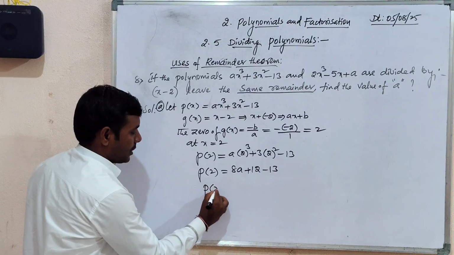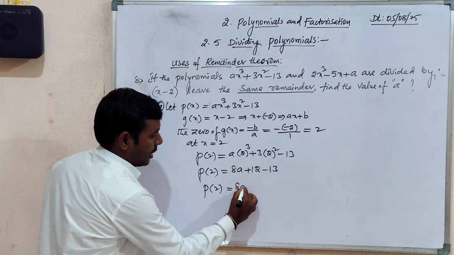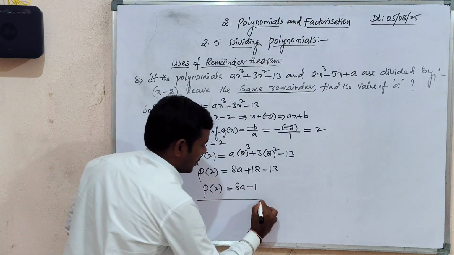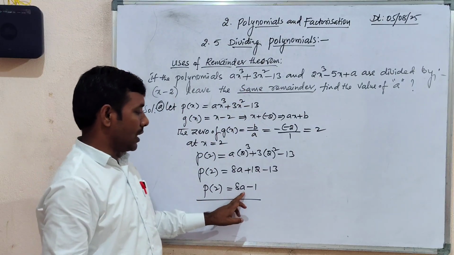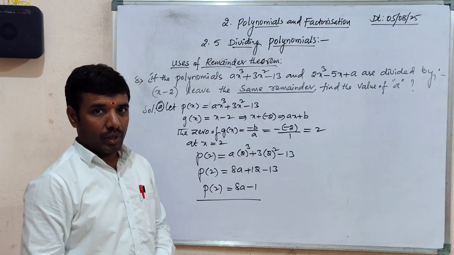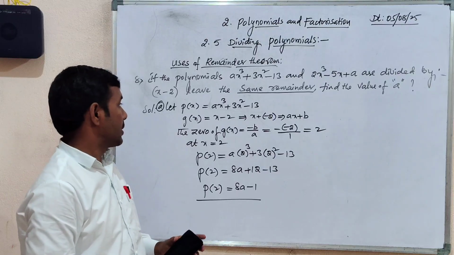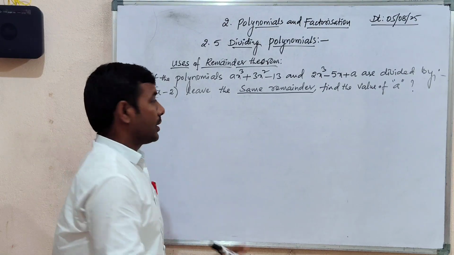Now P of 2 is equal to 8a minus 1. When it is divided with this, the remainder is 8a minus 1. Okay? Right.